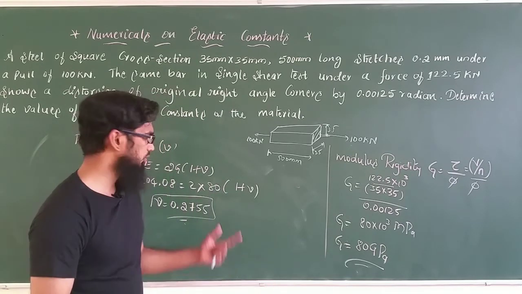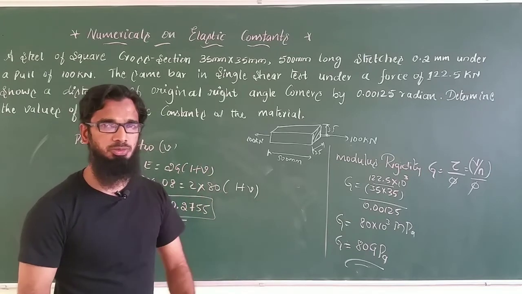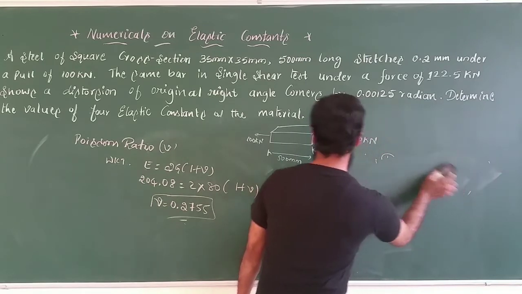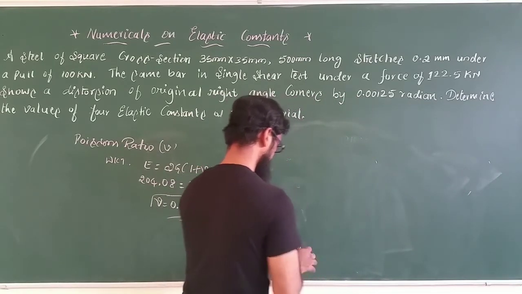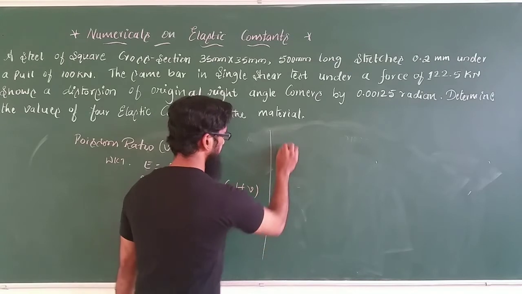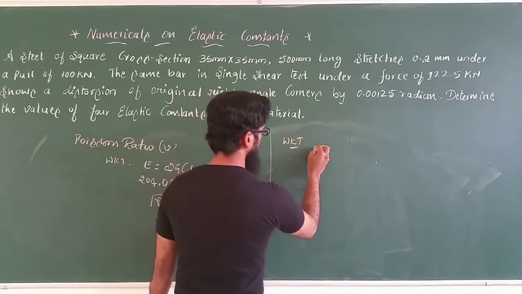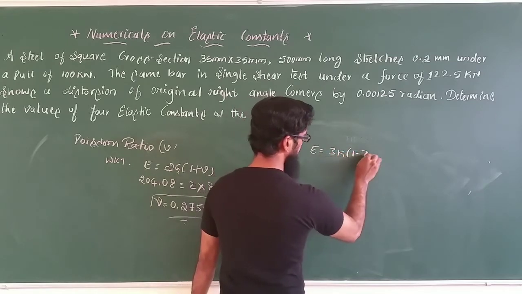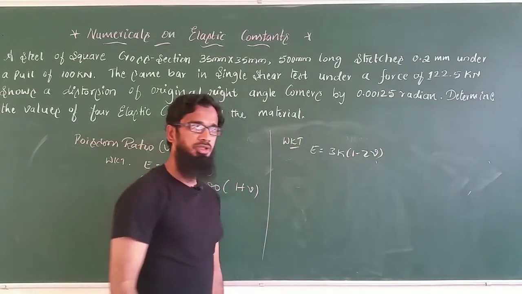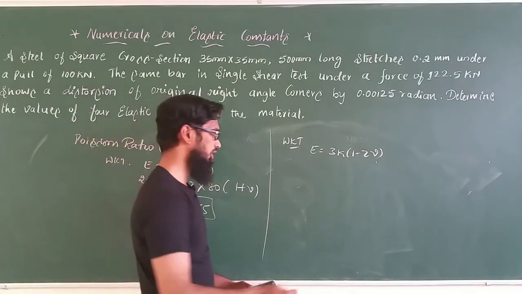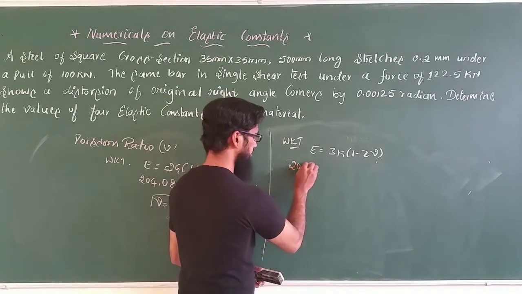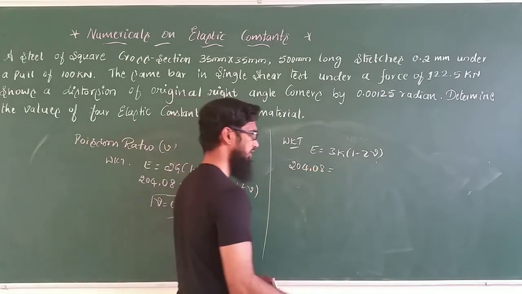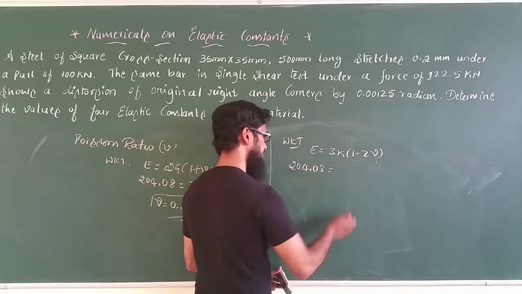Finally, we know the relation between the Young's modulus and the bulk modulus. E is equal to 3K into 1 minus 2 nu. This is the relation between the Young's modulus E and the bulk modulus K. E is 204.08. I'll take it in gigapascal so that I get the K value in gigapascal.